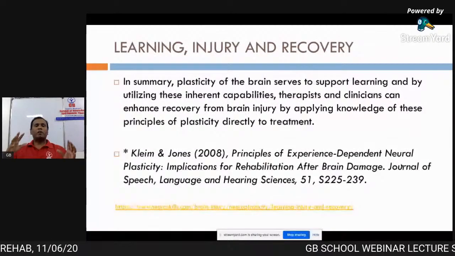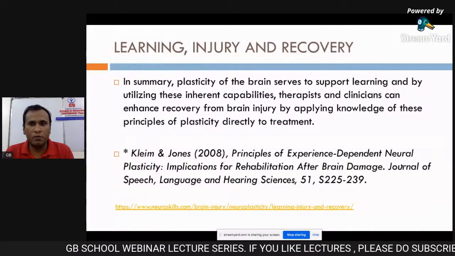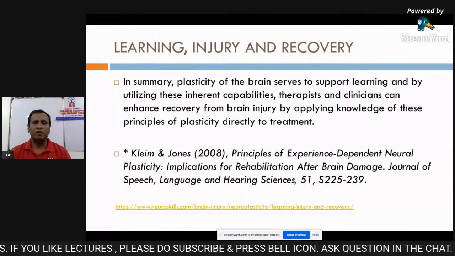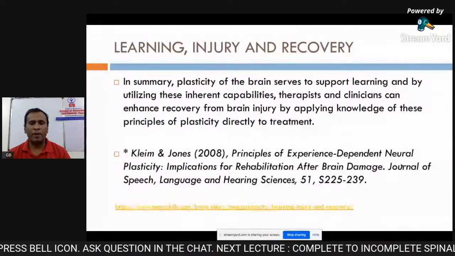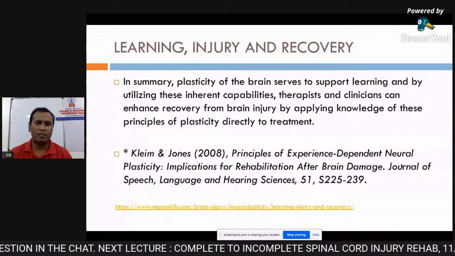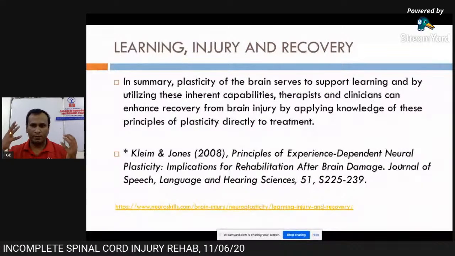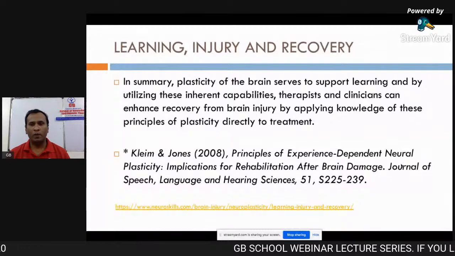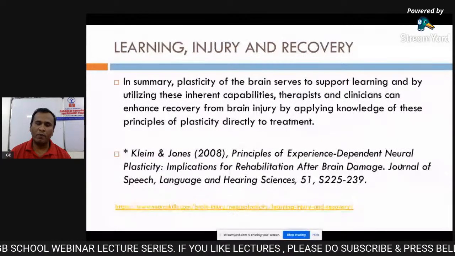In the earlier lecture, we understood that the plasticity of the brain serves to support learning, and by utilizing these inherent capabilities, therapists and clinicians can enhance recovery from brain injury by applying knowledge of these principles of plasticity directed to the treatment. So we can use these concepts, this knowledge about human behavior, human learning, neuroplasticity of the brain, and the role of environment and experience.